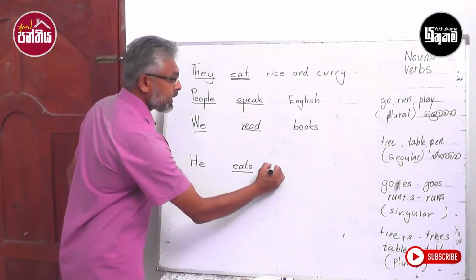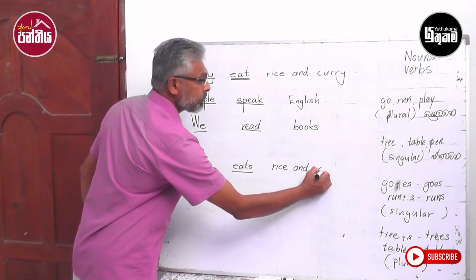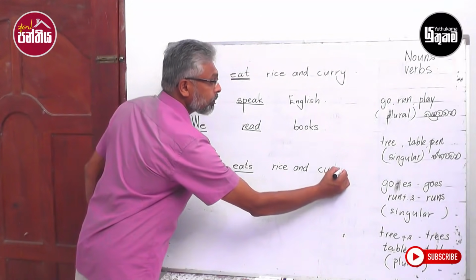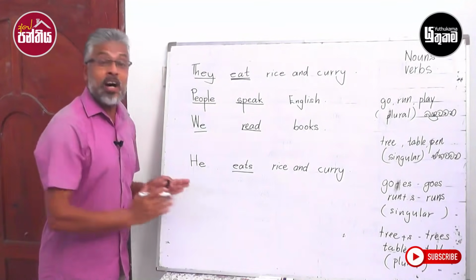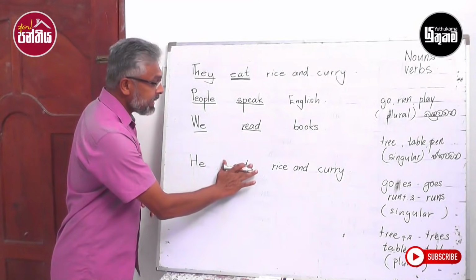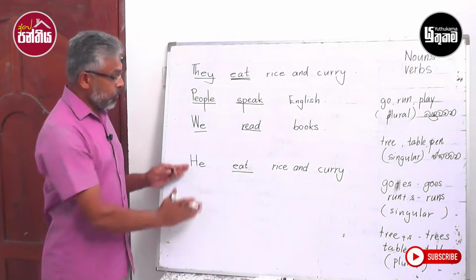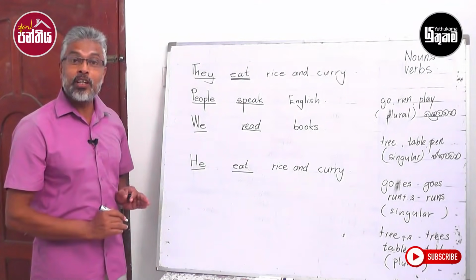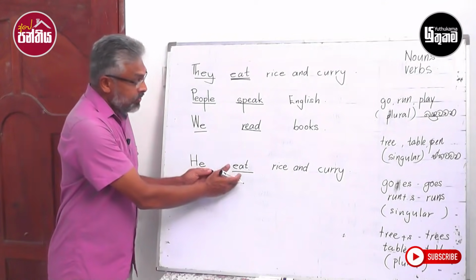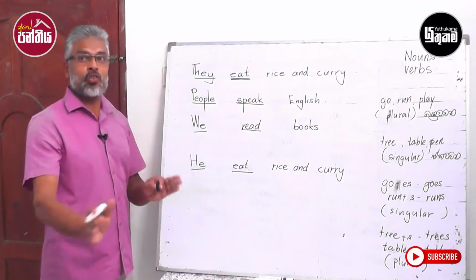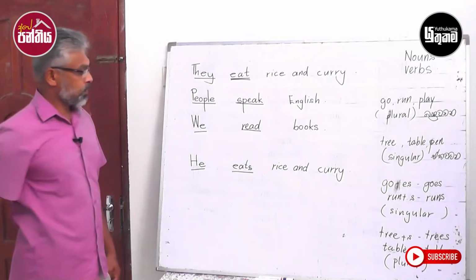Eats rice and curry. So therefore you can't say he eat rice and curry. Now you know the rule. Why? Because the subject is singular. Therefore you have to make this singular. The subject is plural here, so you need to change it. So you put s here.